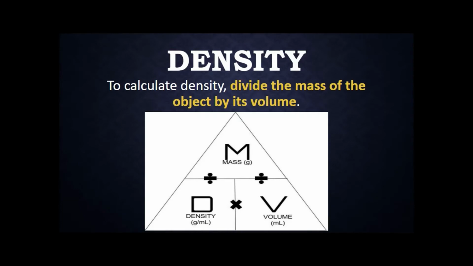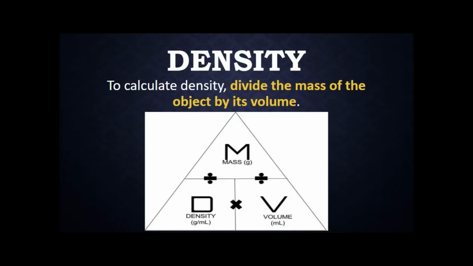If you're searching for the mass of an object, cover up the top of the triangle, and you're left with density times volume. That formula will give you the mass of an object. Simple, easy, lemon squeezy. Okay?